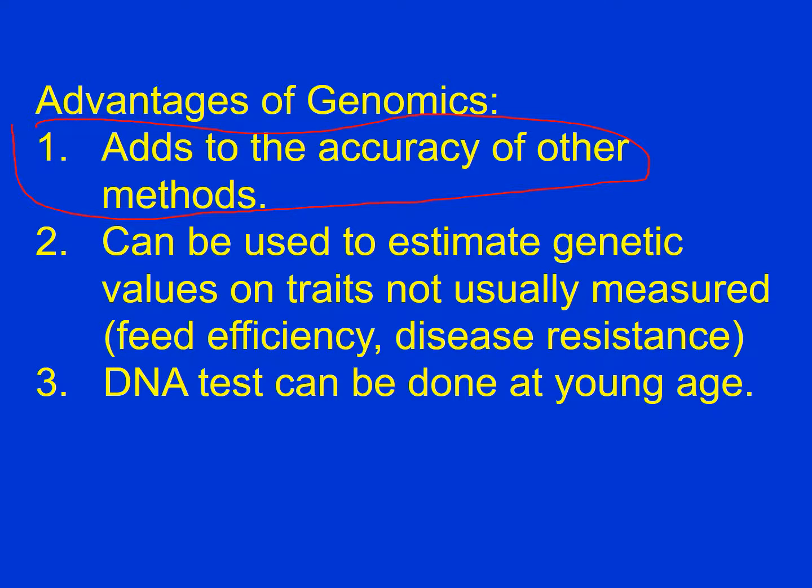First, you're generally going to estimate the EBVs on the animals. We're going to do that first, and then we take the genomics test. Especially in the beef cattle industry, they call it genomically enhanced EPDs. So the EPDs are more accurate because of the DNA test.